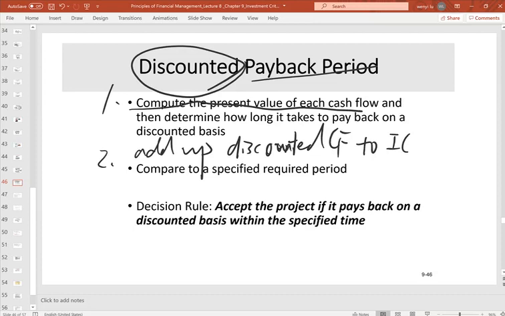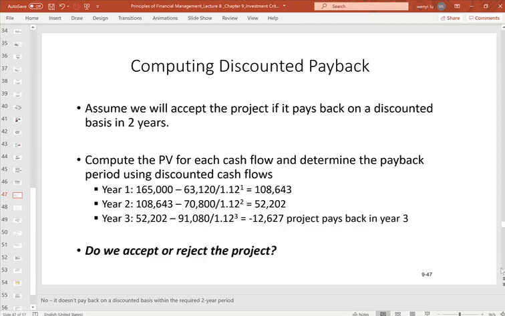So you will accept the project if it pays back on a discounted basis within a specific time. For example, suppose we will accept the project if it pays back on a discounted basis in 2 years. How can we solve the discounted payback period?